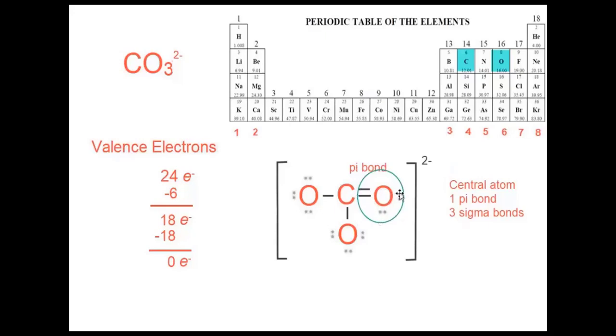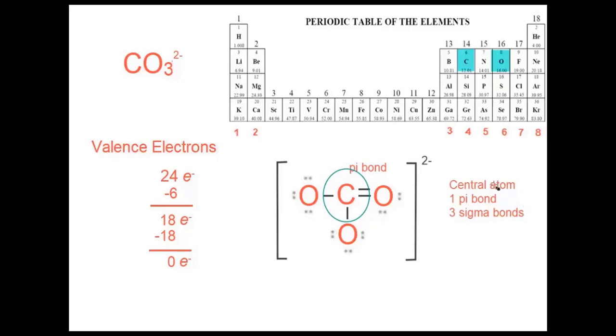It has 2 unshared electron pairs, and it has 2 shared. So that's fine. We'll look at our carbon, the center. It has 2, 4, 6, and then our pi bond, a shared pair, 8. So this is excellent. We've got everything that we need to create a molecule that you'd expect using the Lewis dot diagram.